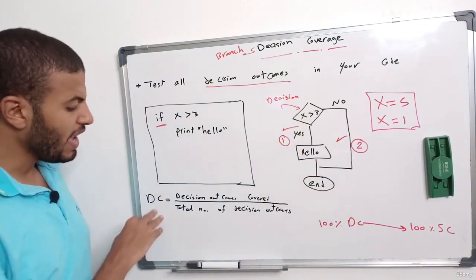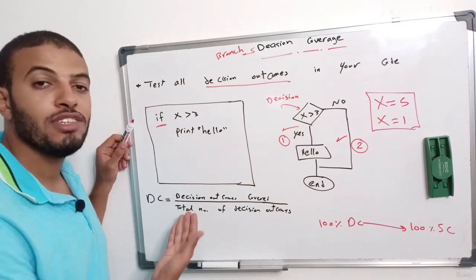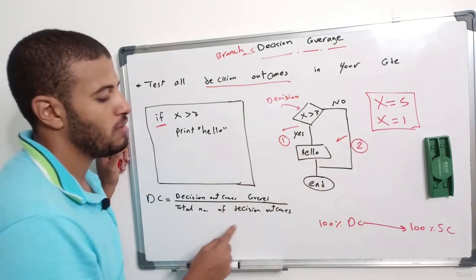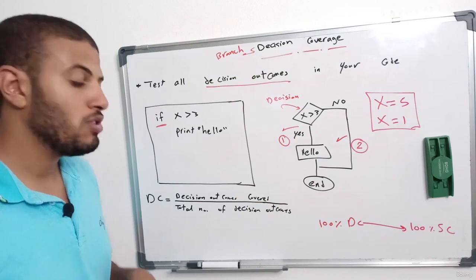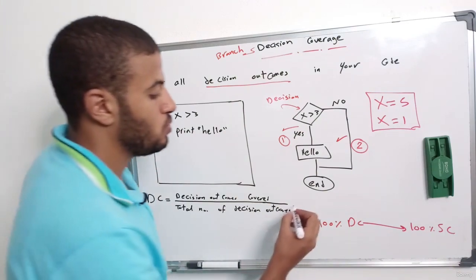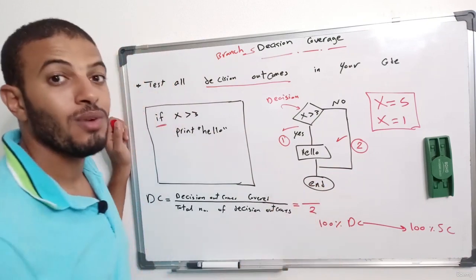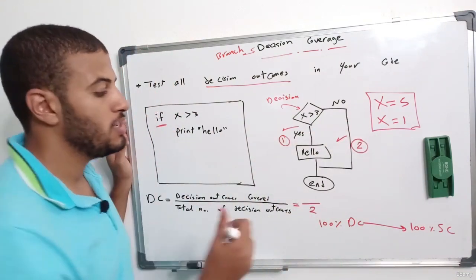Okay, how do we calculate decision coverage? We divide the decision outcomes covered by our test cases by the total number of decision outcomes. In our example, what is the total number of decision outcomes? It is 2. So we will divide something by 2. What is this thing? In this example, we covered 2 decision outcomes.